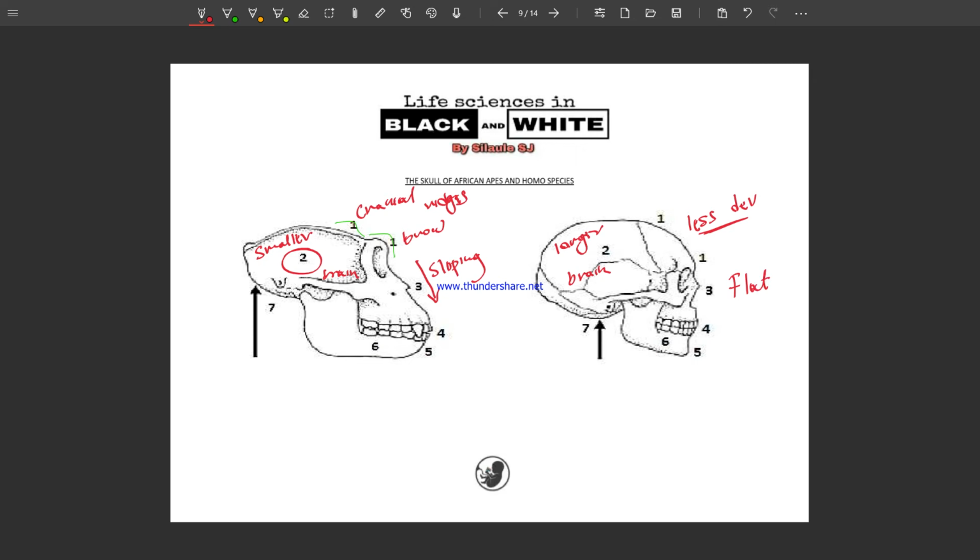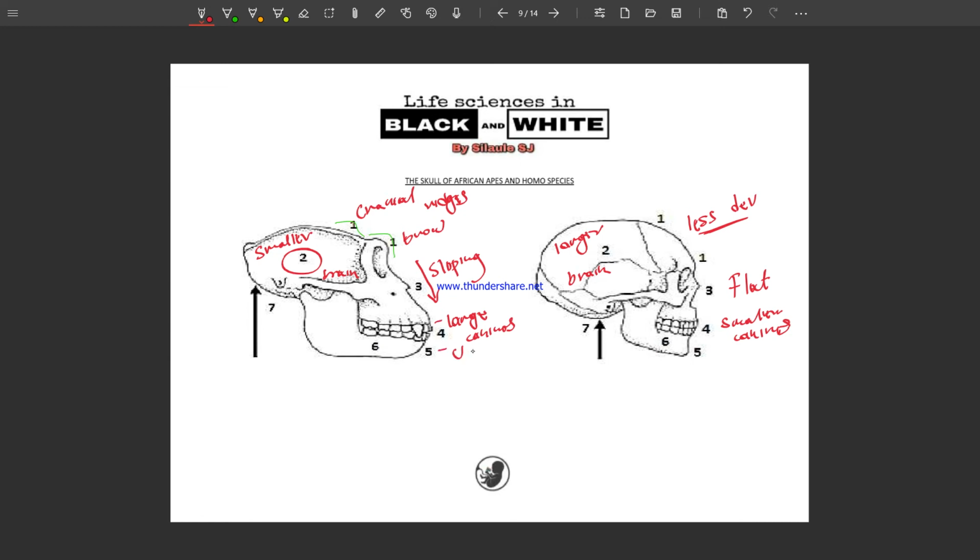And then we go to number four, we look at the dentition. You can see that they have large canines to consume raw food. And then number four, in humans we have smaller canines because we prepare our food. We can also talk about the palate here.